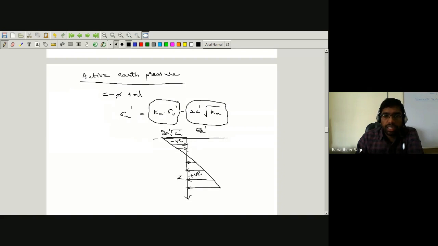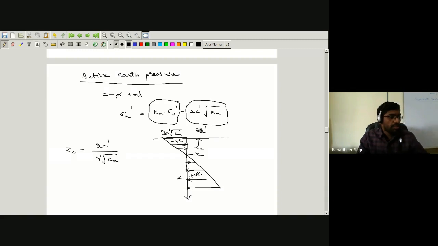And the depth to which this active earth pressure was negative, we indicated as Zc, if I remember. The expression for Zc, when we derived it, we got as 2C dash by gamma into under root Ka.